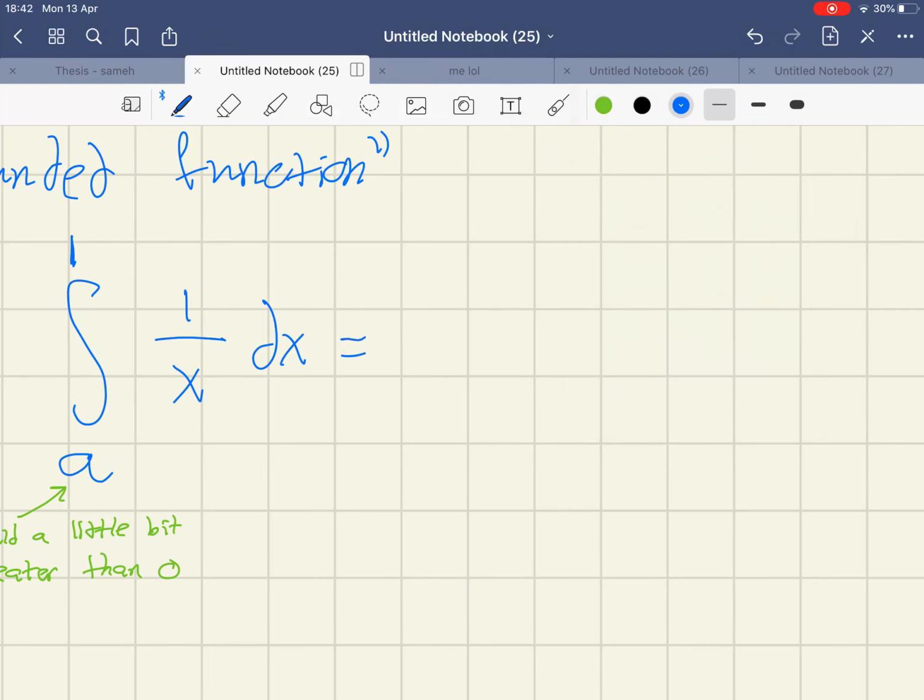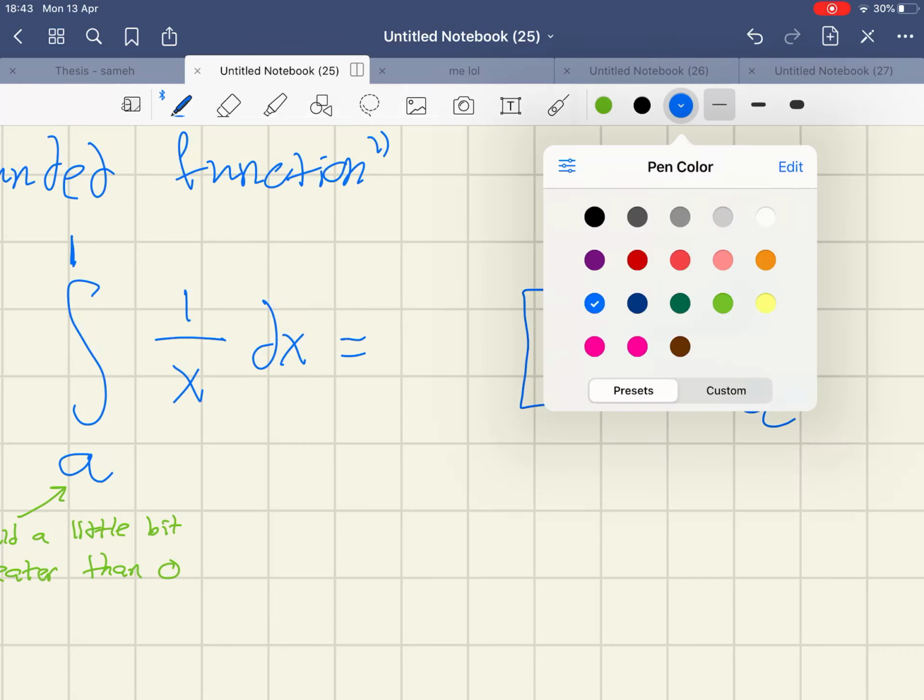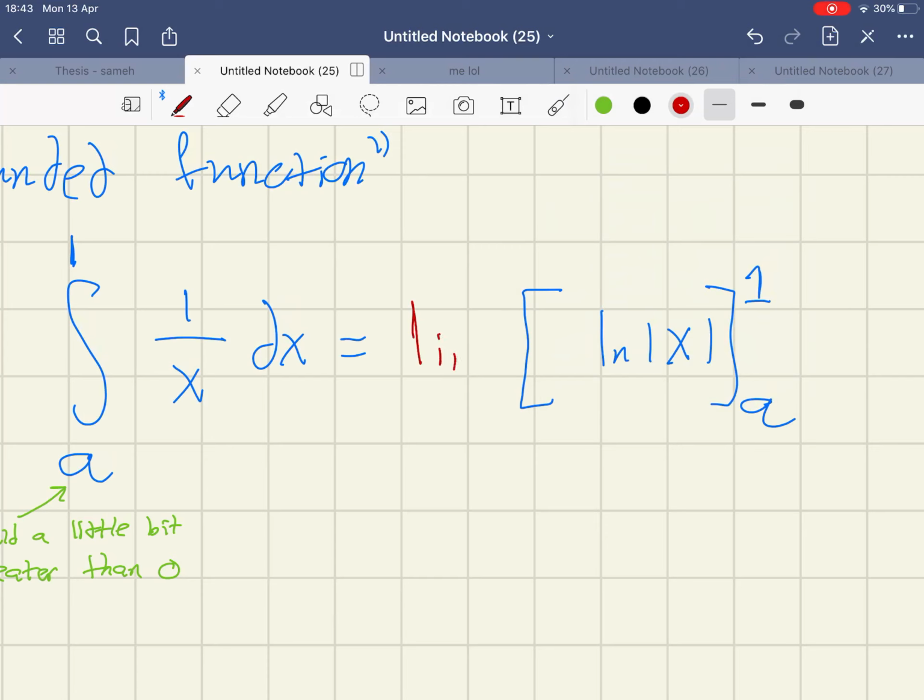I'm sure you all know the integral of 1 over x. It is ln absolute value of x. You evaluate it from a to 1, and then you take the limit as a goes to 0 plus.